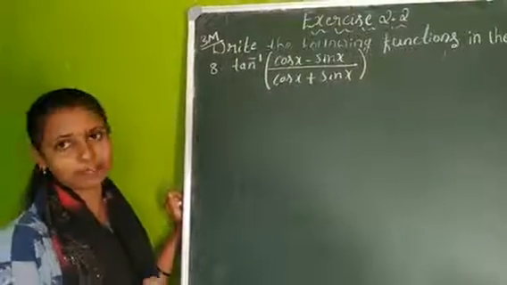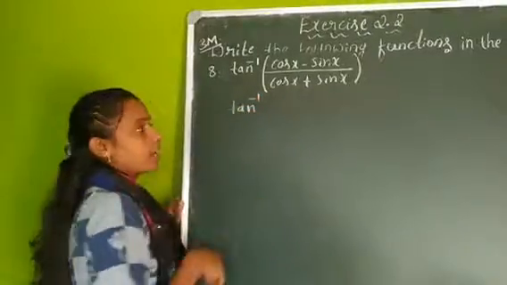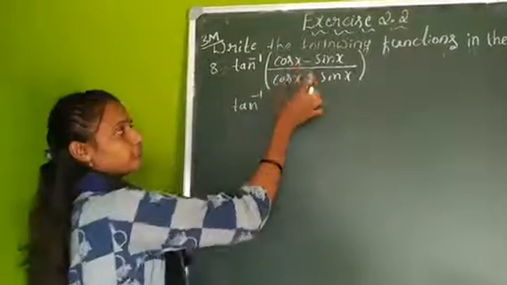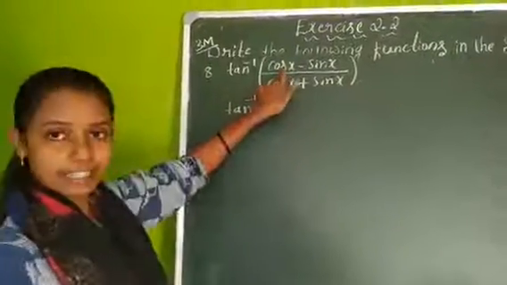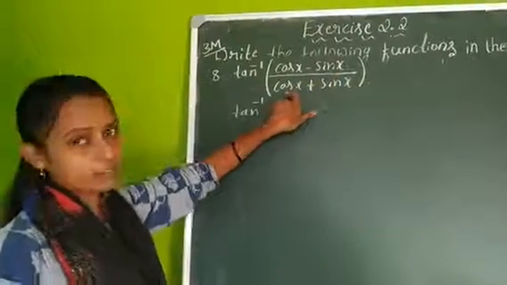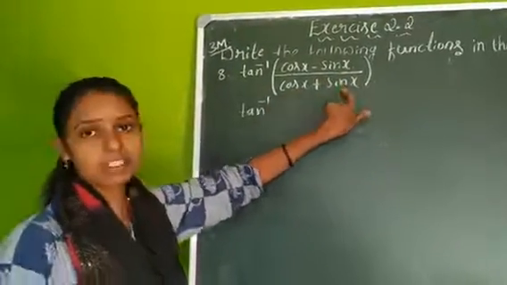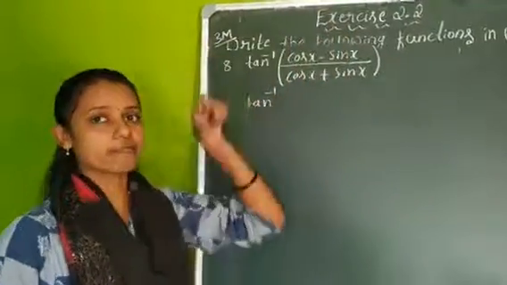So now what I'll do is divide numerator and denominator by cos x, because cos and cos get cancelled, and sin by cos will be tan. So there you will get the simplest form of a tan formula.